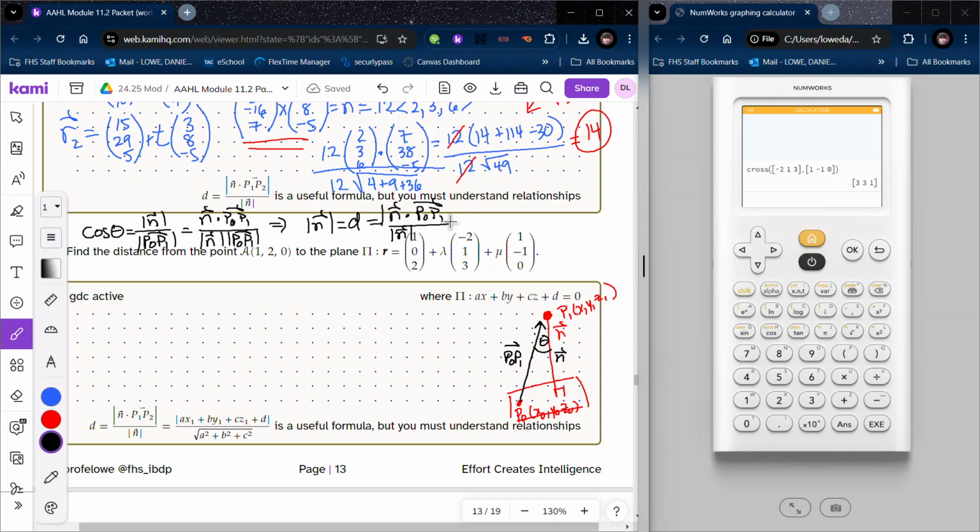Now, we end up putting absolute values around that dot product because even though the dot product is a scalar, it could output a negative value to us, and we want to talk about distance and use it as a positive value.